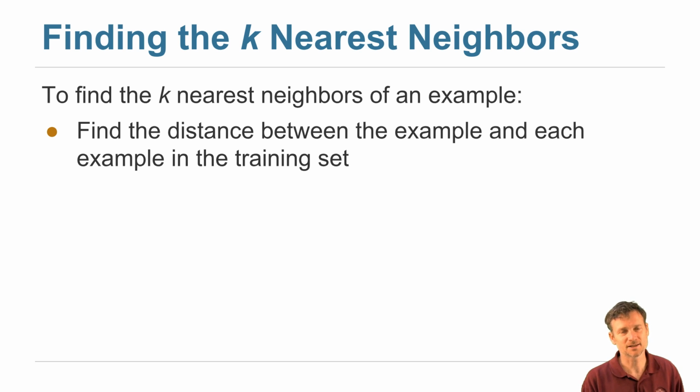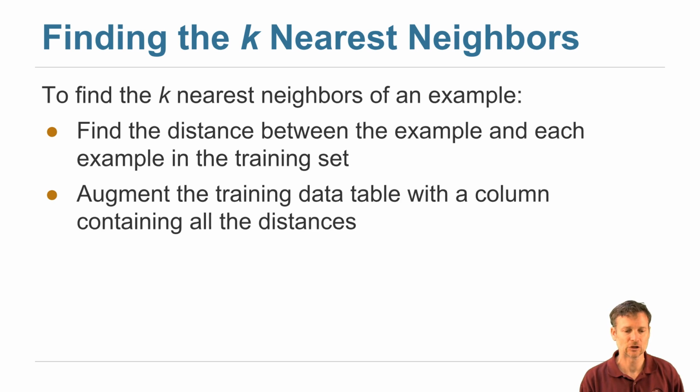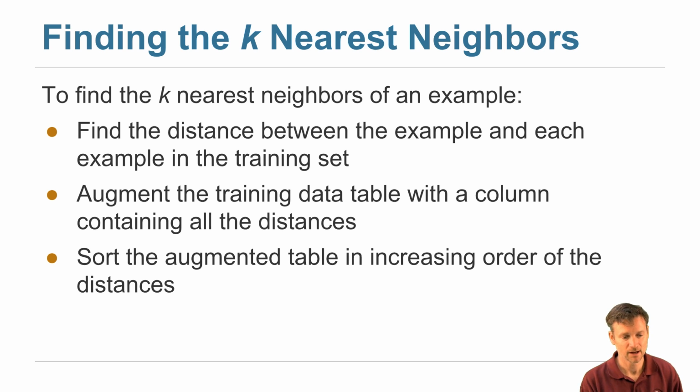Then when you know those distances, if you want to find the nearest neighbor, the most similar one, what you could do is build a table where you record the distance. So now I have a table for the training set, but I add one more column that shows the distance to my example, and then I sort that table by increasing distance.